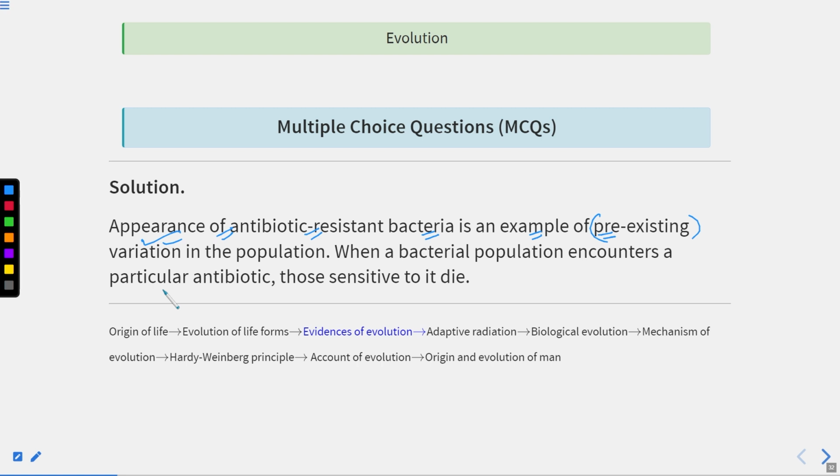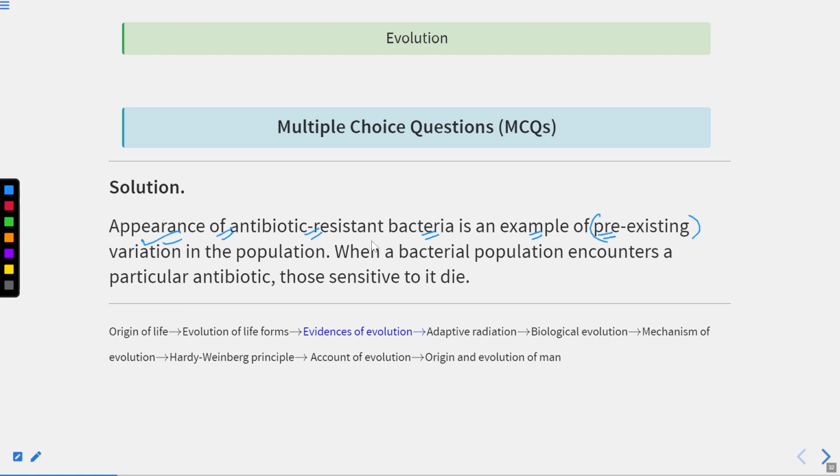If antibiotic is added to the medium where the bacteria is growing, then those bacteria in which there was pre-existing variation due to the mutation, and because of that became antibiotic resistant, will grow. They will increase in number, and the rest of the bacteria will die.